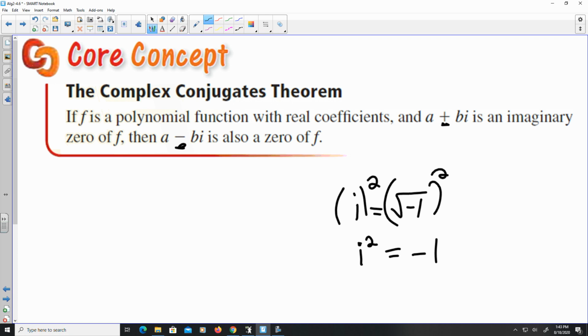The square root and the square cancel out. So remember that when you're doing a problem like this, and it's going to help you out when you need to find the answer to those particular problems.